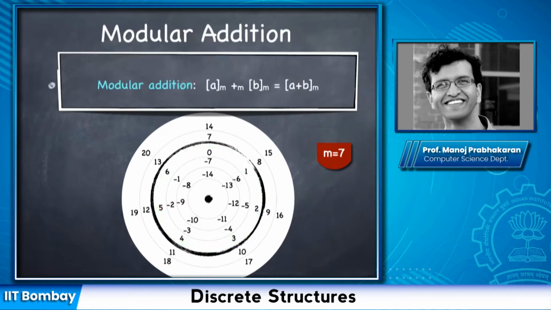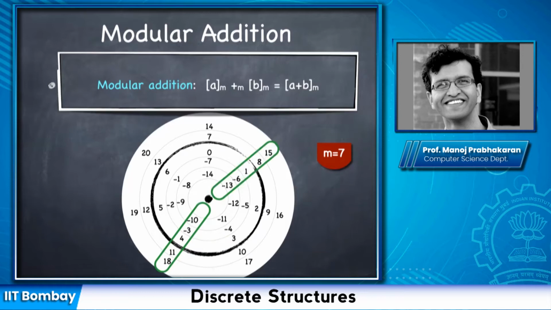Okay, so to see a modular operation, let's consider modular addition. Remember, to add two of these congruence classes, I take some representatives in them, add them together, and see which congruence class it falls in. So let's take these two examples here.